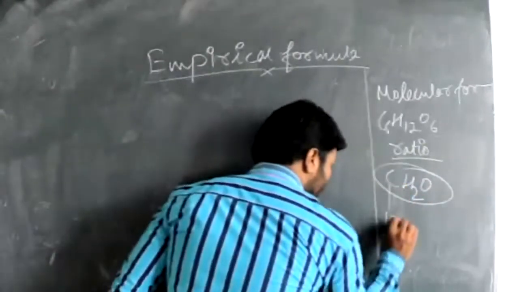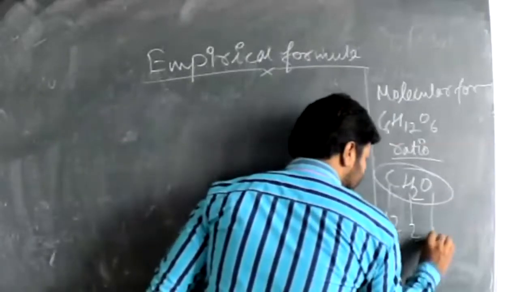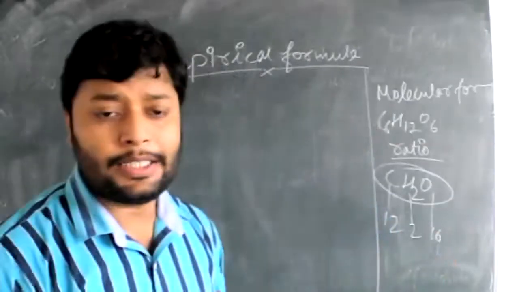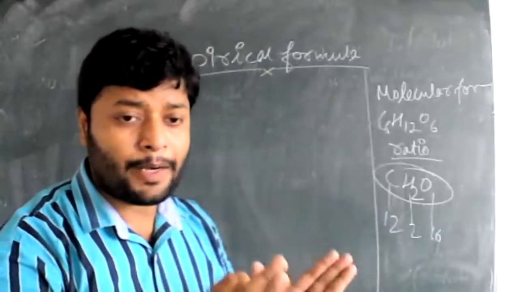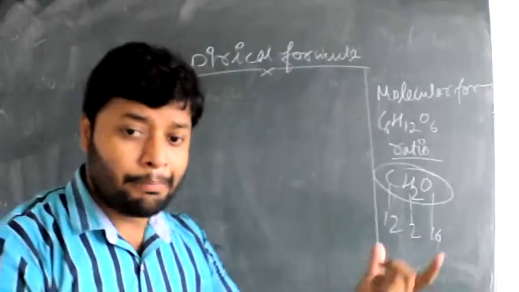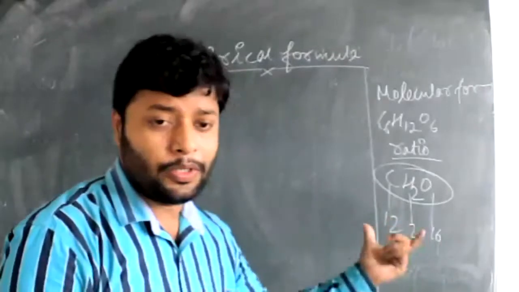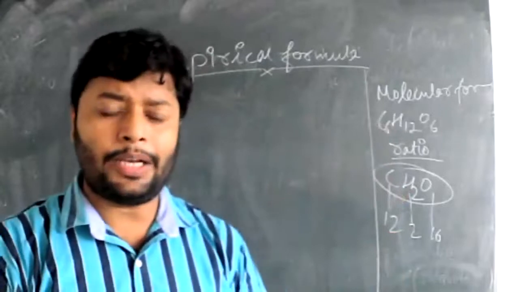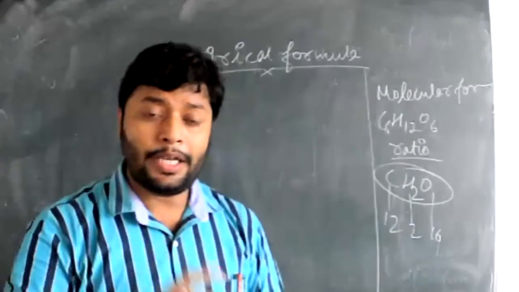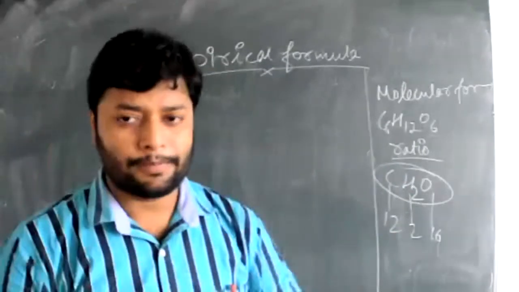You can see 12, 2 and 16. These are the mass ratio. The mass ratio of carbon with hydrogen with oxygen must be in this ratio to form a glucose molecule. We do not know the actual number of atoms, but we know how they will react.